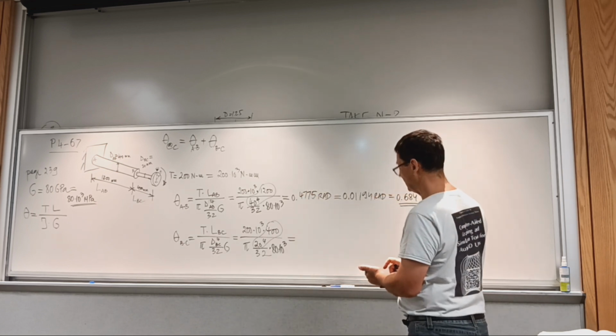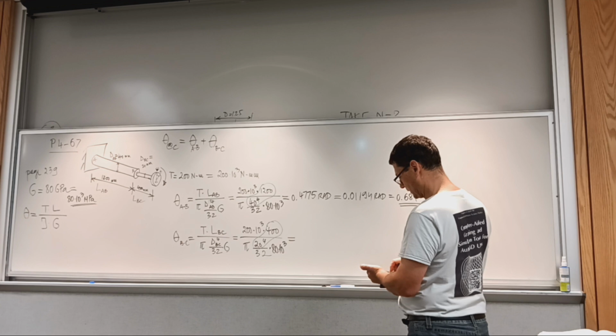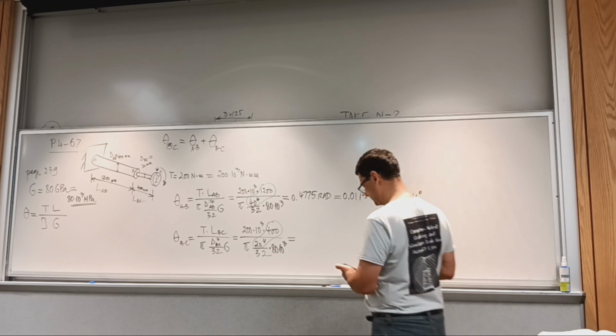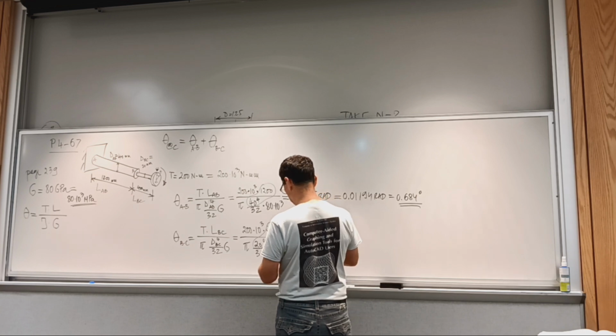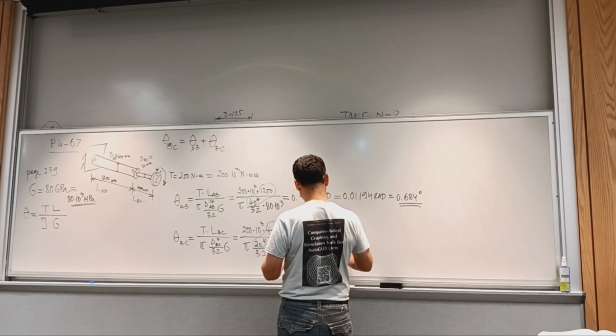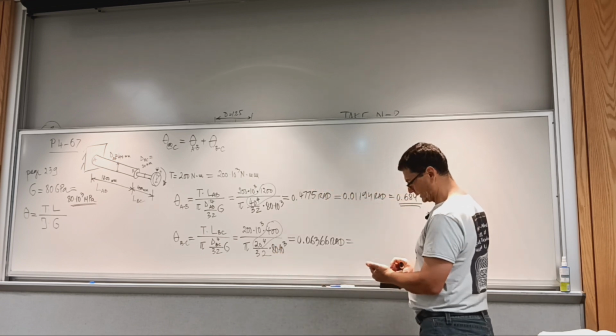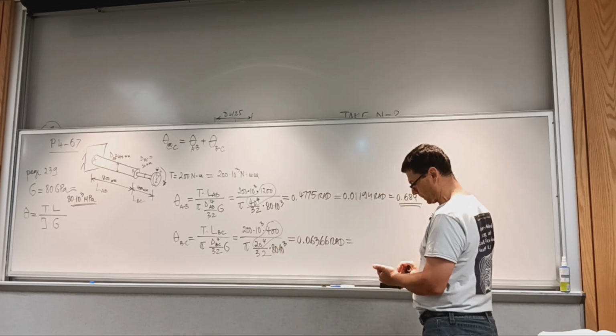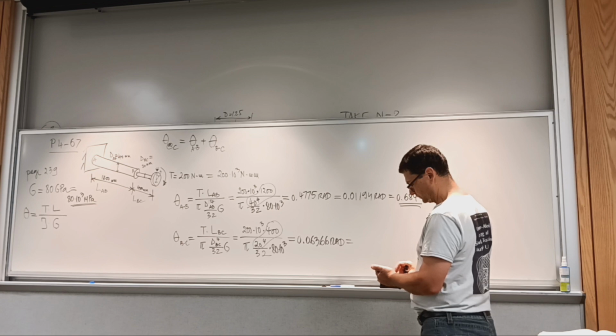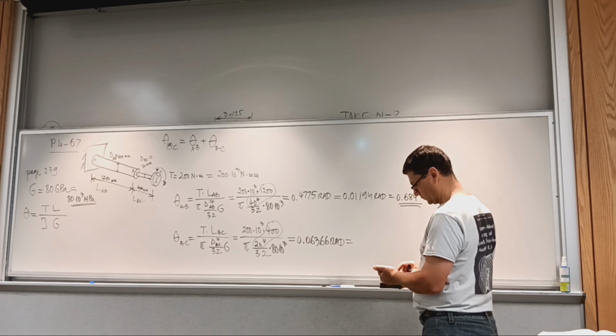What is in the memory times 400 over 20 at power 4 equals, and this is 0.06366 radians, or in degrees times 180 over pi equals.